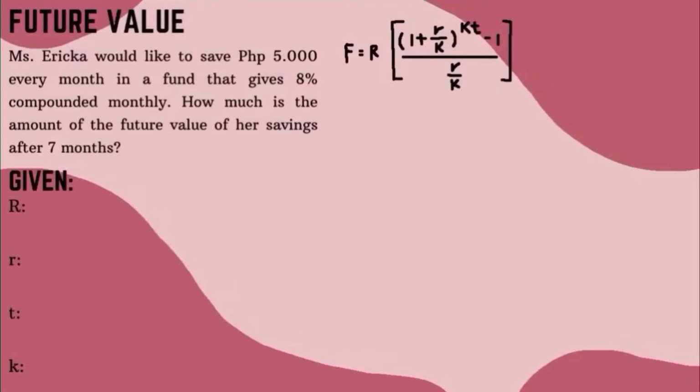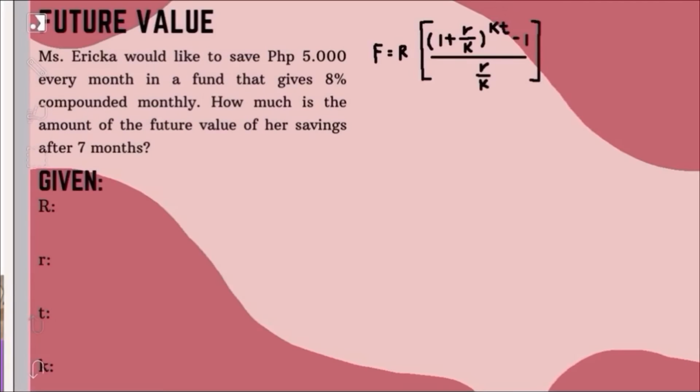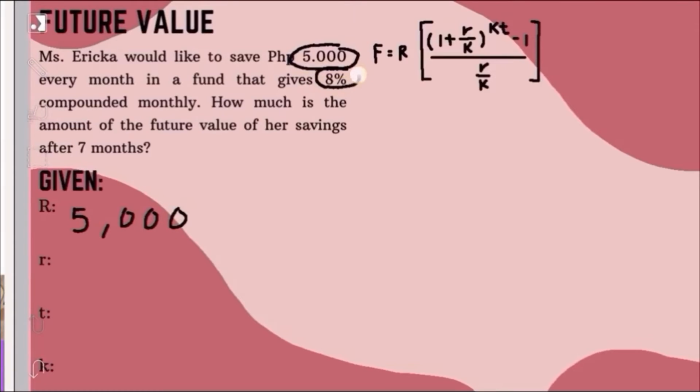Erica would like to save 5,000 pesos every month in a fund that gives 8% compounded monthly. How much is the amount of the future value of her savings after 7 months? So, let us start by writing down our given values. We have 5,000 pesos, that will be our R. Next, we have 8% compounded monthly, that is our rate.